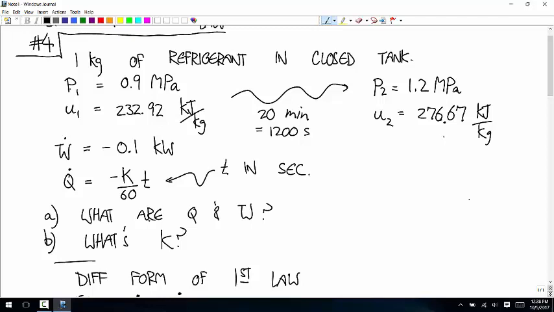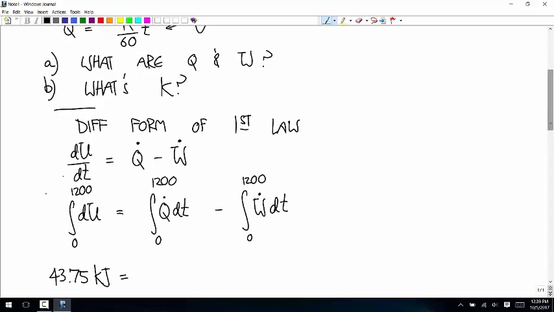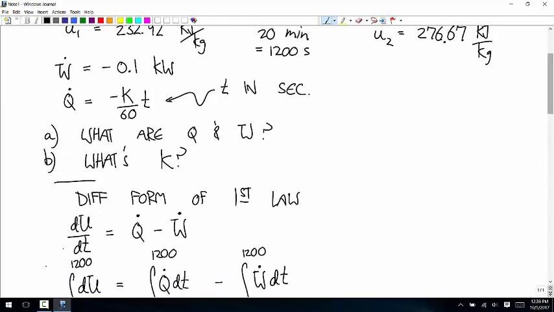What's 276.67 minus 232.92? Okay, so 43.75, this is in kilojoules. And that's equal to the integral, so Q dot is this function.